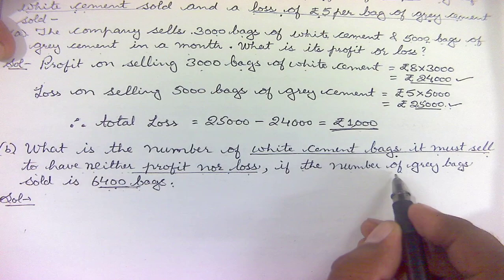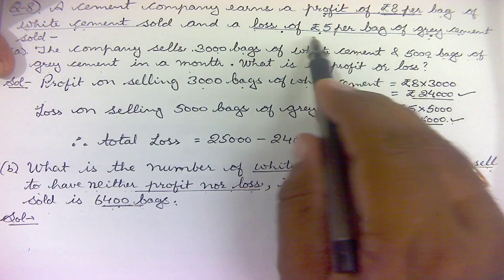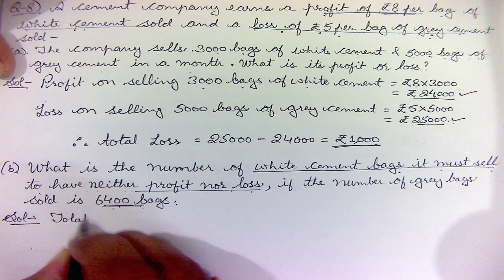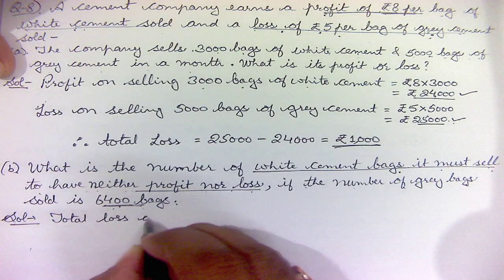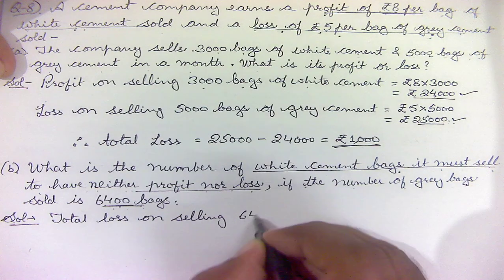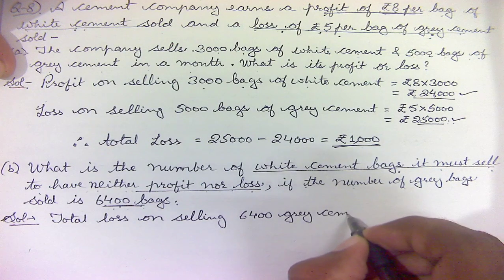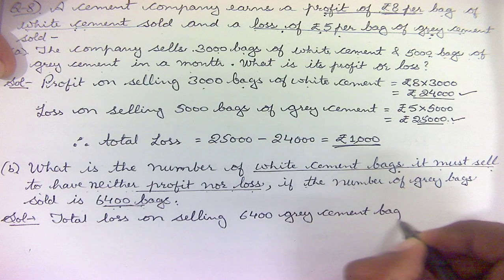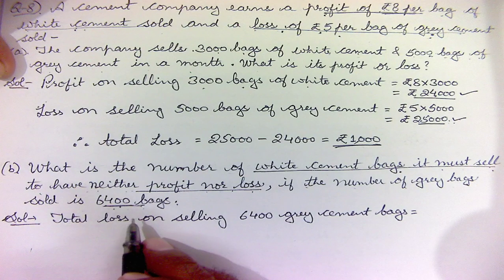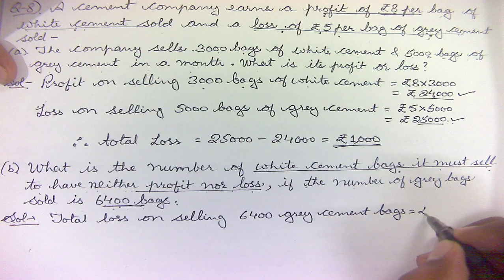So grey cement bags are giving a loss of 5 rupees. So total loss on selling 6,400 grey cement bags, because they are being sold at a loss of 5 rupees, what will be the total loss?